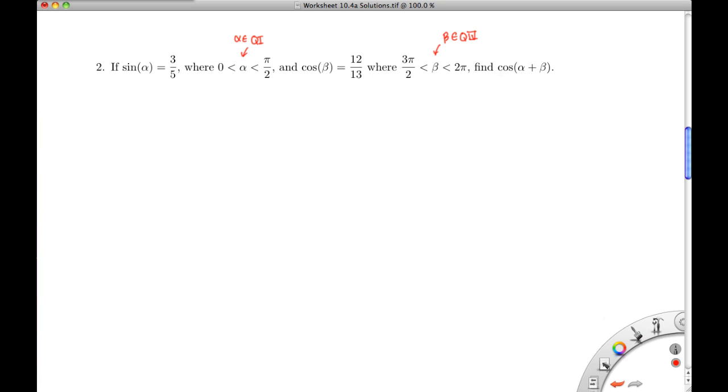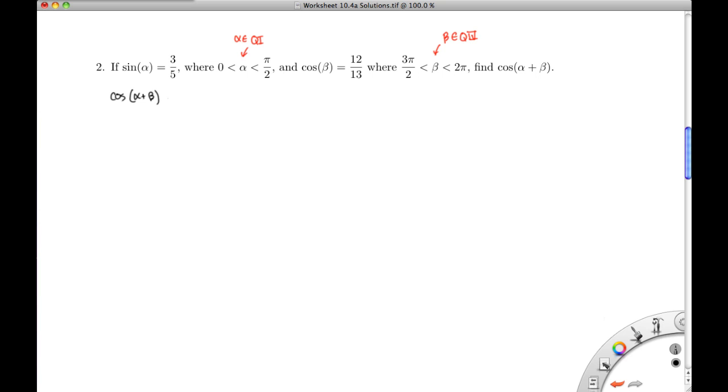So now we're asked in this problem to find the cosine of alpha plus beta, given the information that we've got. Well, let's think about how we can actually define the cosine of alpha plus beta.